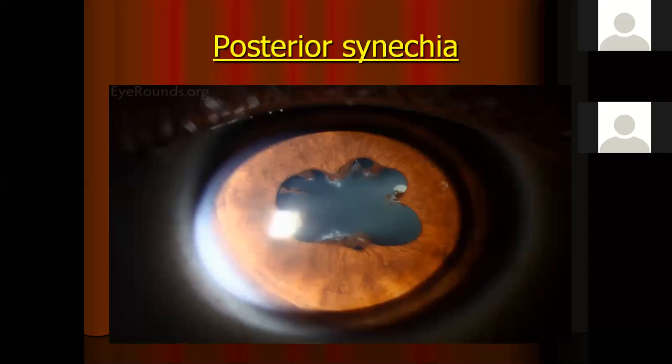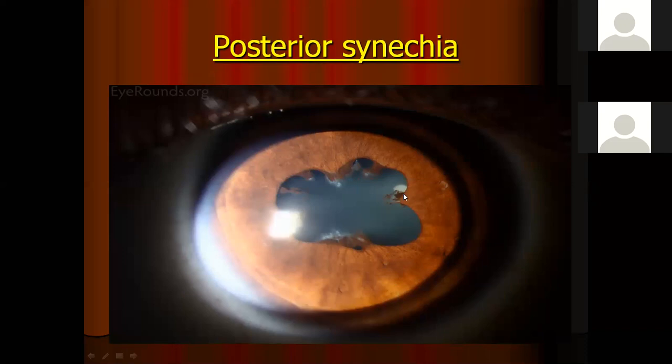Now, if you look into this diagram or photograph, you can see the pupil is irregular in shape, festooned, abnormal shape. Atropine drops were placed in this eye. Pupil has been dilated, but irregularly dilated.